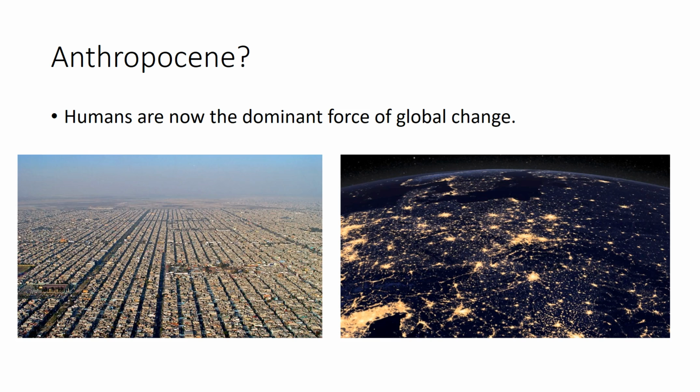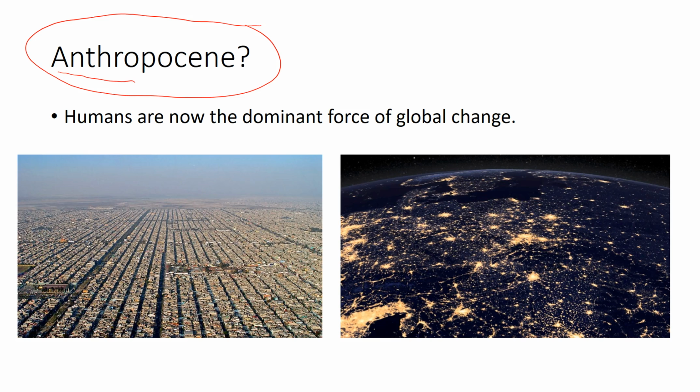Now, scientists, ecologists, population ecologists are saying that we've actually moved into a new epoch that they're calling the Anthropocene, okay? Anthro, as you guys recall, is a prefix referring to humans, right? The reason they argue that is humans have gone from just thriving in the Holocene epoch to becoming the dominant force of global change, right?